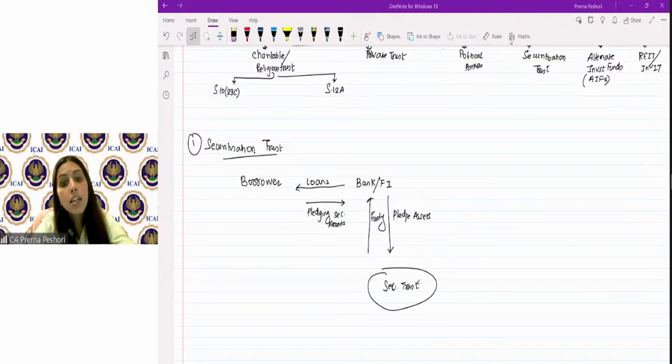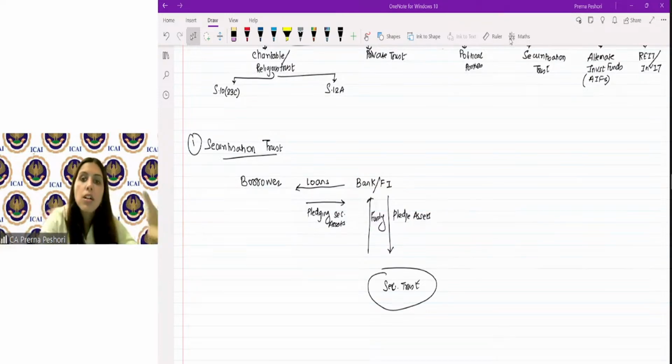These are special purpose entities, SPVs, special purpose vehicles, set up to take the assets pledged by the bank and give the funding in relation to the same. So these are basically the securitization trusts.